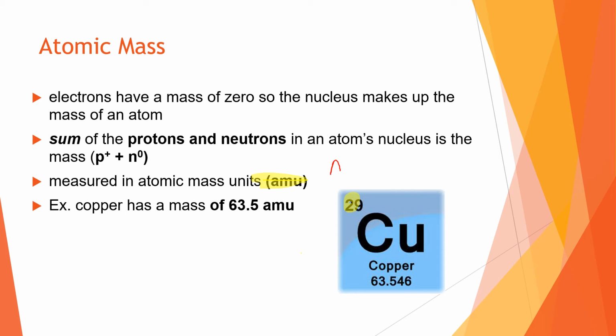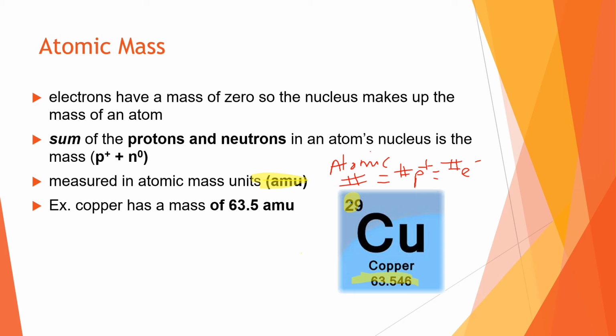So atomic number, also number of protons, and also number of electrons. So copper has 29 protons, 29 electrons, and it's this number down here that represents the mass. Okay, so that is the mass of copper.